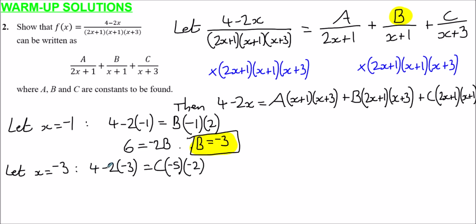So over here, minus 2 times minus 3 is plus 6, 4 plus 6 is 10, so I have 10 equals 10c. Then dividing through by 10, I see that c must be 1 to make that work. So c is 1, then just one more to solve.